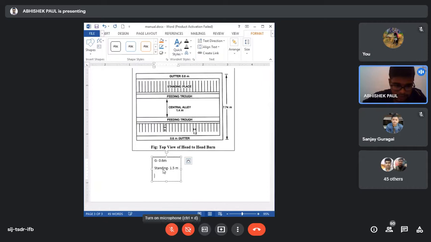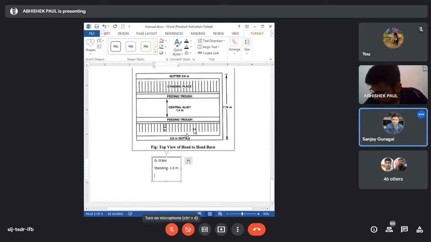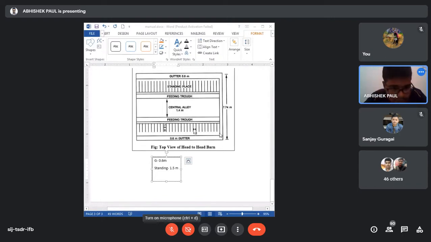Then the feeding trough. Here it is not mentioned, but the width of the feeding trough will be 0.4 meter.